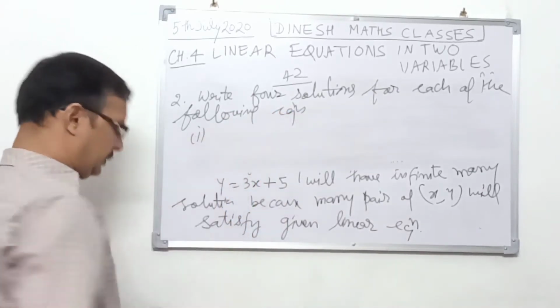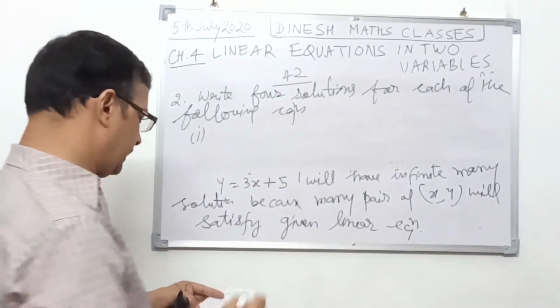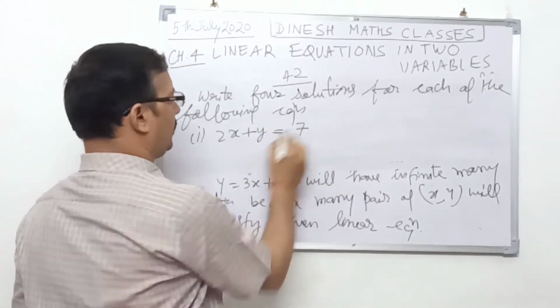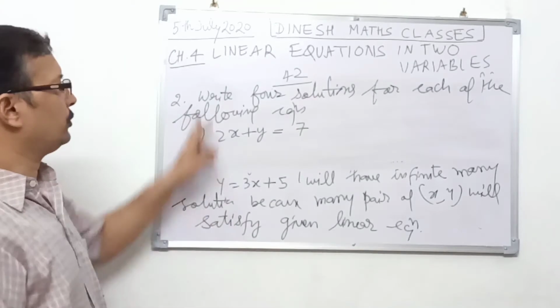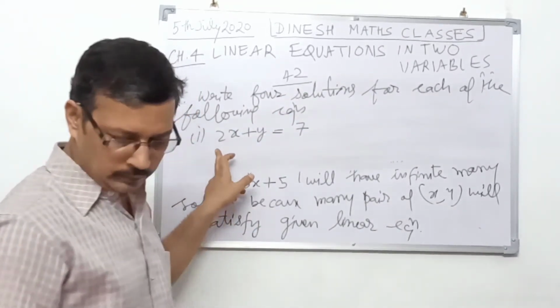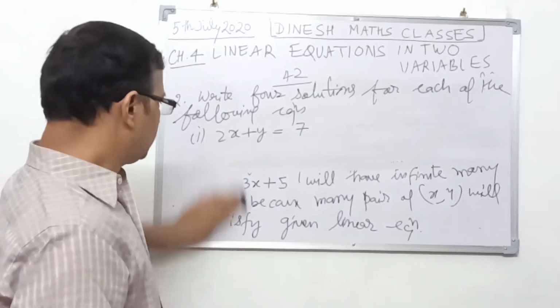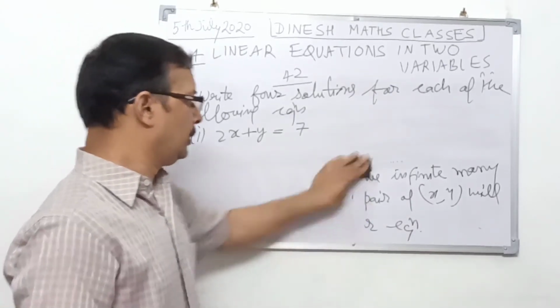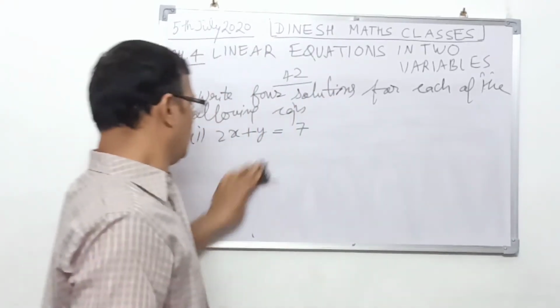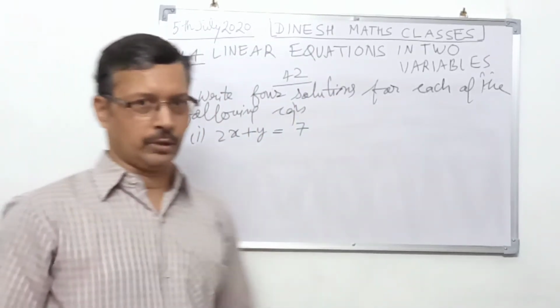First is given 2x plus y equal to 7. So in this question you have to write 4 solutions. We are given a linear equation in two variables, and you know that a linear equation in two variables has an unlimited number of solutions, and here we have to find only 4 solutions.